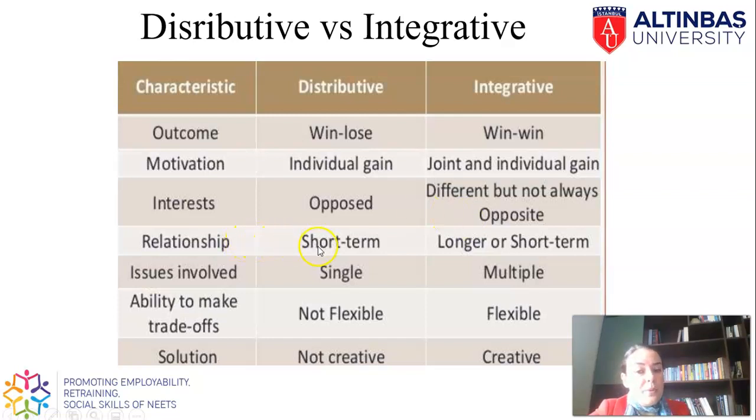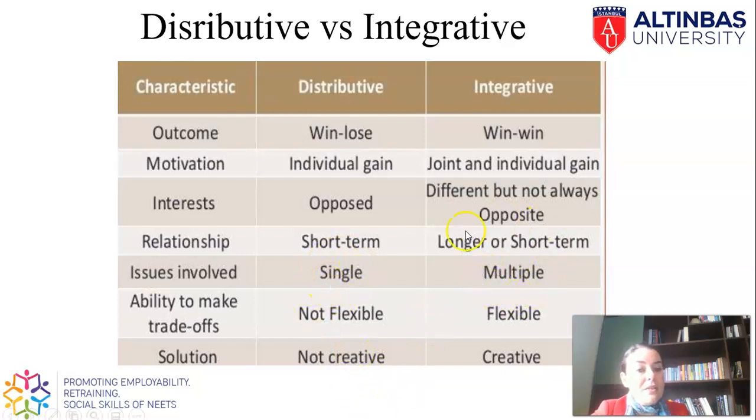The relationship is short-term in nature for distributive negotiations. For integrative, they are usually longer-term relationships, though sometimes they can be short-term relationships too. The issue involved in distributive negotiation is single. As we have seen in the example of buying a car or a house, the primary issue was the price, so there was a single issue involved in that negotiation.